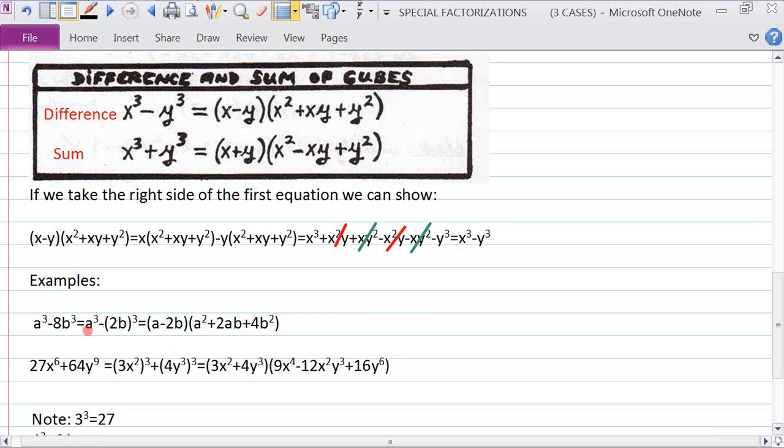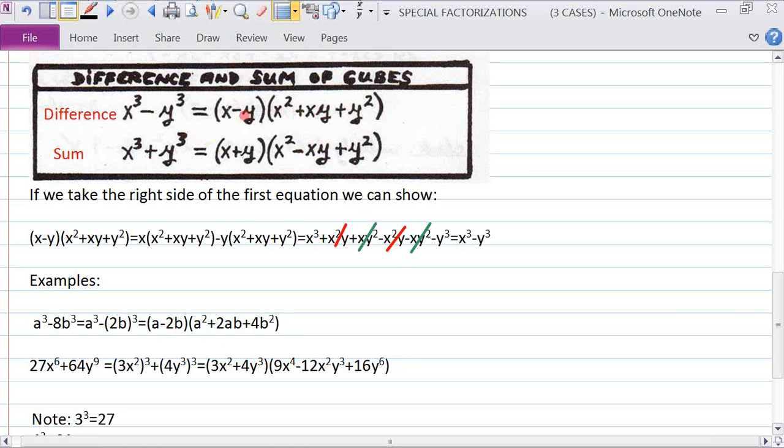Now I can write this in this general form here, a minus 2b. So I take a minus 2b, and then the square of the first term. The product of 2b and a, but now I'm going to reverse the sign to plus 2ab. That's not actually how you get it. We're just saying that this is simplified in terms of this here.